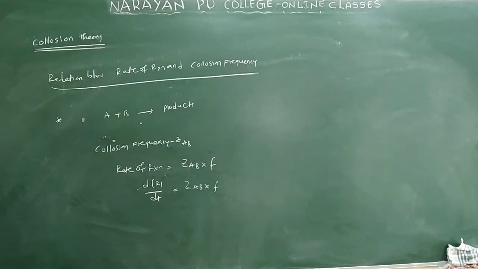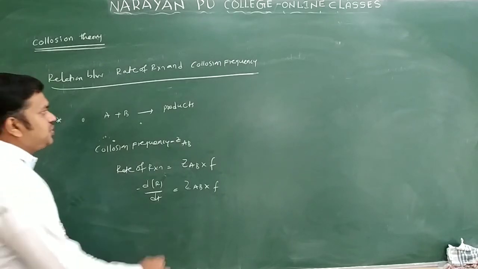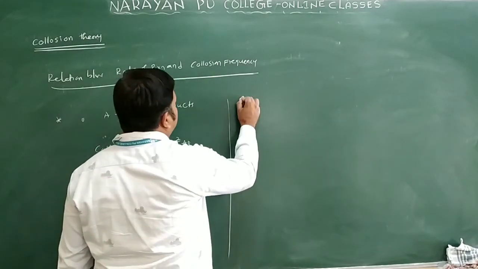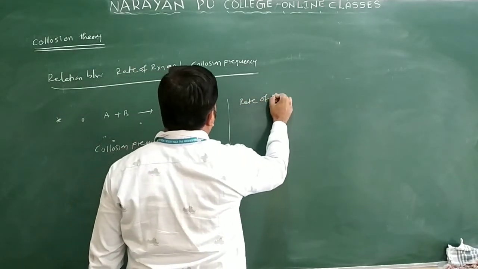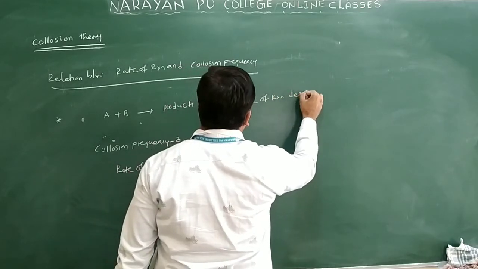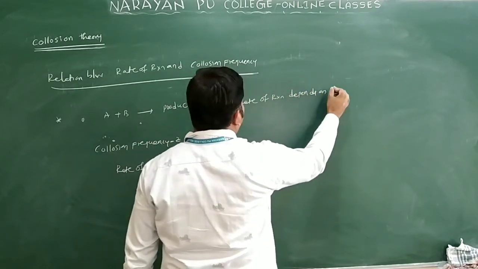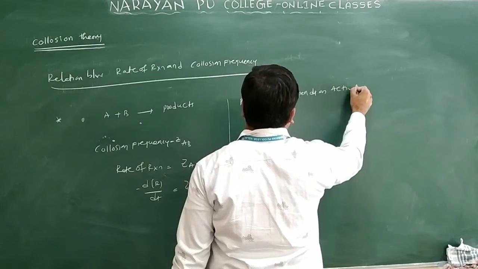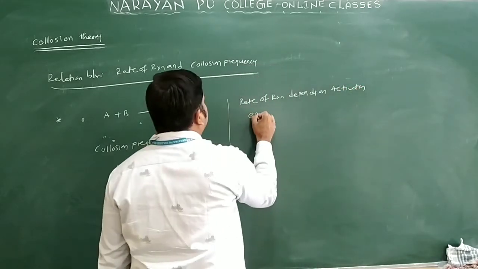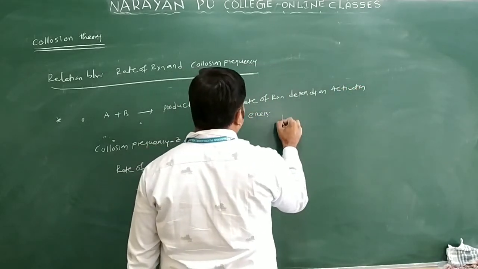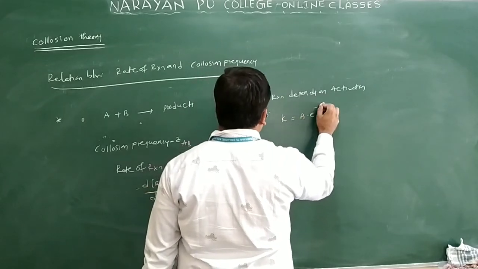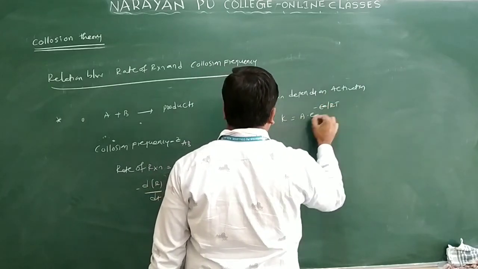So the rate of reaction depends on the activation energy, as you know. In the Arrhenius equation, k is equal to A into e power minus Ea by RT.